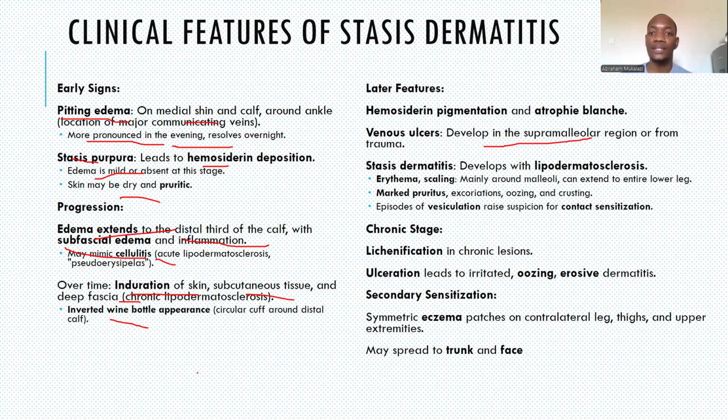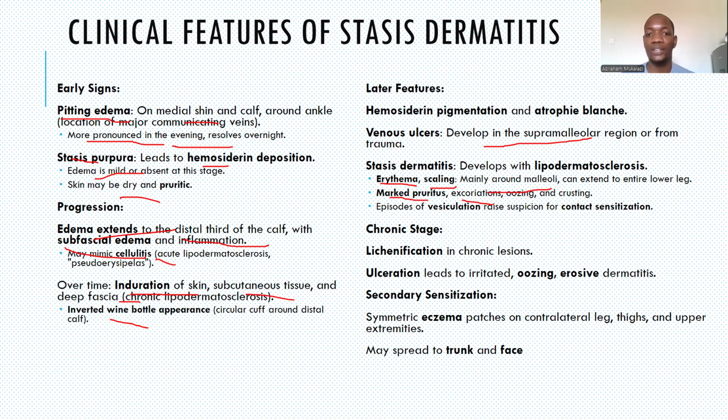So then when you get the stasis dermatitis, which eventually comes in, it will develop with lipodermatosclerosis, and in that case, you'll have erythema, you'll have scaling, mainly around the malleoli and on the lower limbs, and then marked pruritus will set in with excoriation, oozing, crusting, as well as episodes of vesiculation. Sometimes they can get blisters in those areas, especially if they get a contact sensitization.